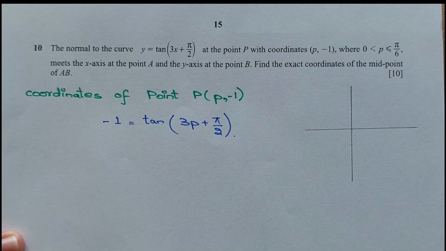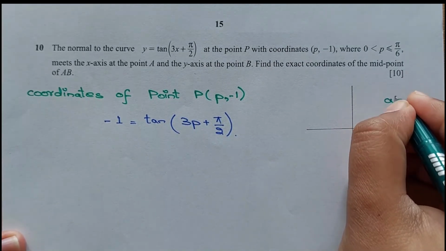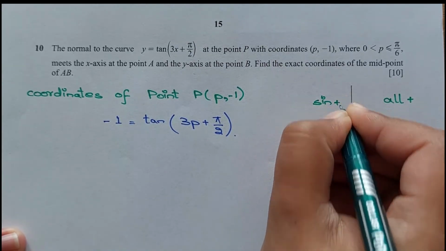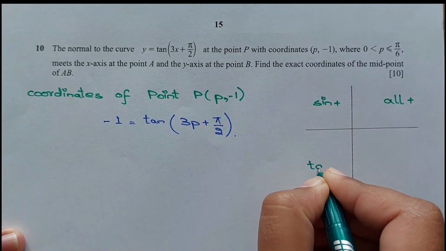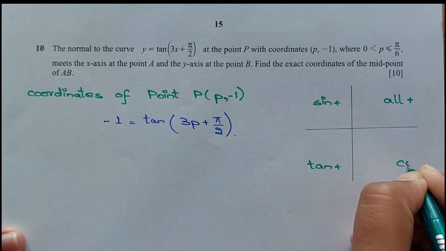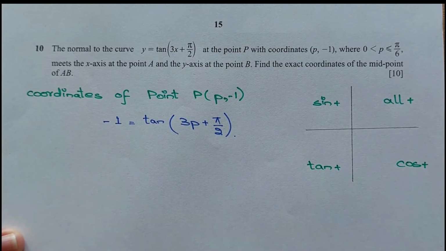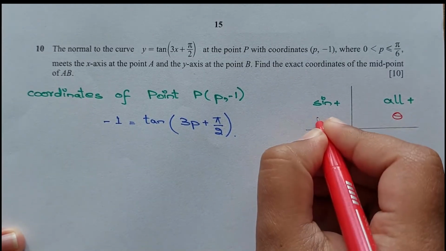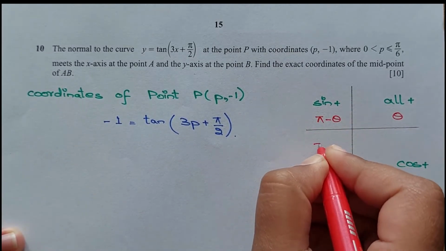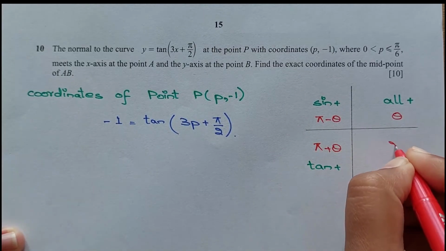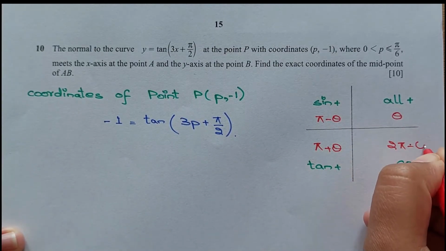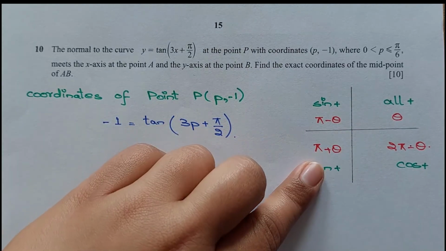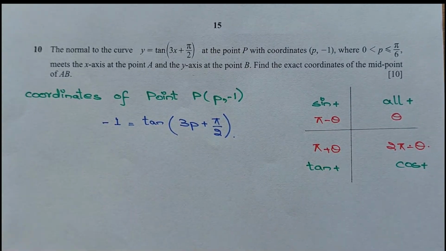So in the first quadrant, all trigonometric ratios are positive. In the second, sine is positive. In the third, tangent is positive. And in the fourth, cosine is positive, right? And in the first, we have just theta. Here we have pi minus theta, pi plus theta, and 2 pi minus theta. Yes. Okay, so now the tangent is positive in the first and third, and negative in the second and fourth quadrant.